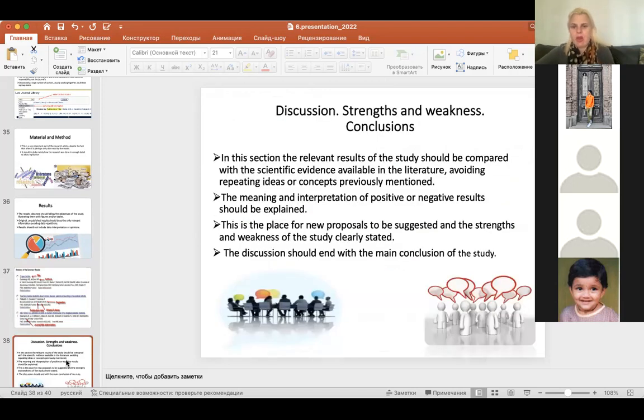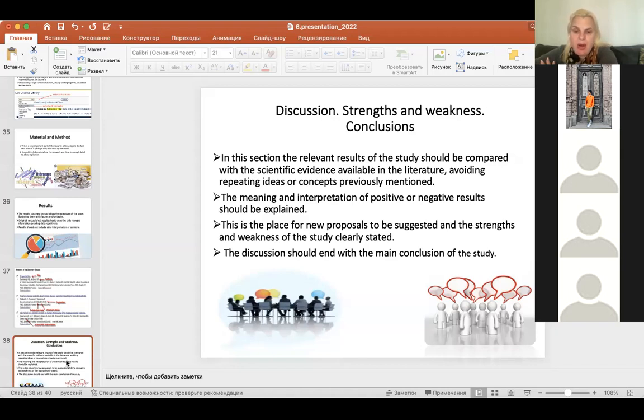Discussion. Discussion is a large text about your research. Strengths and weaknesses. Conclusions. In these sections, the relevant results of the study should be compared with the scientific evidence available in the literature, avoiding repeating ideas or concepts previously maintained.